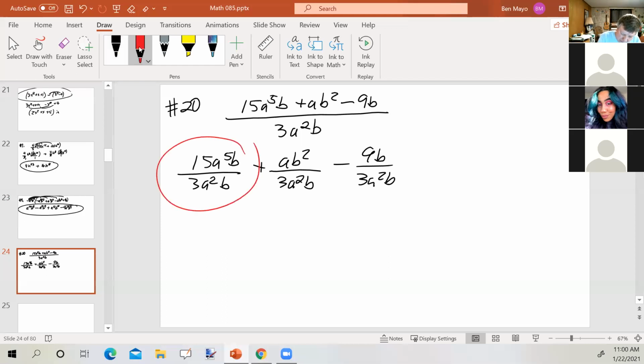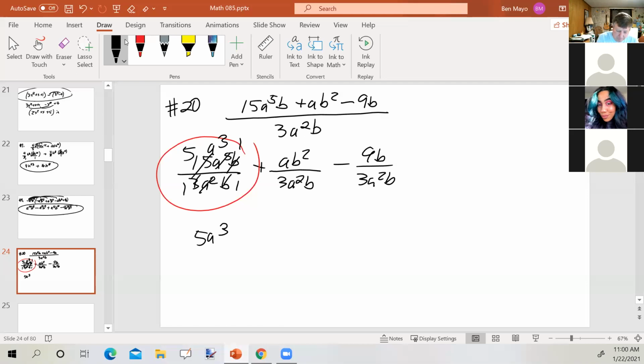So term by term, the first term we're going to reduce. 15 over 3 is 5 over 1. A to the 5th over a squared is a to the 3rd. And b over b is just 1 over 1. So I've got 5a cubed times 1, which is still 5a cubed, all over 1, which is still just 5a cubed. So far, so good?